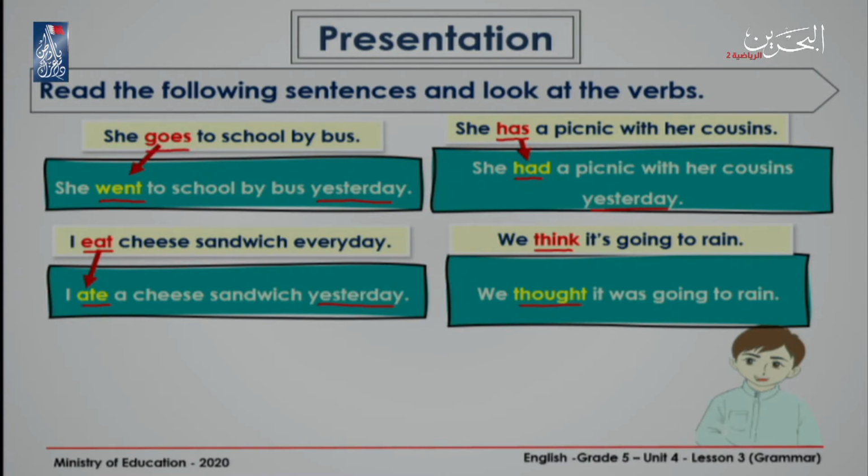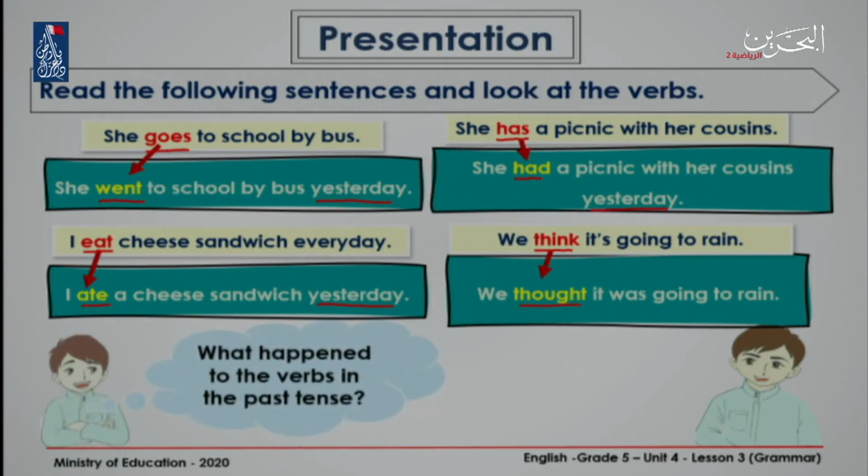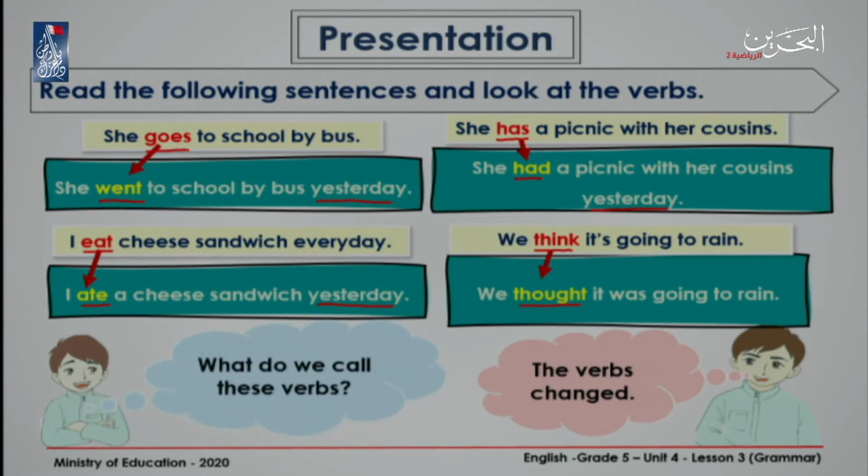And think becomes thought. What happened to the verbs in the past tense? The verbs changed. What do we call these verbs? Excellent, we call them irregular verbs.